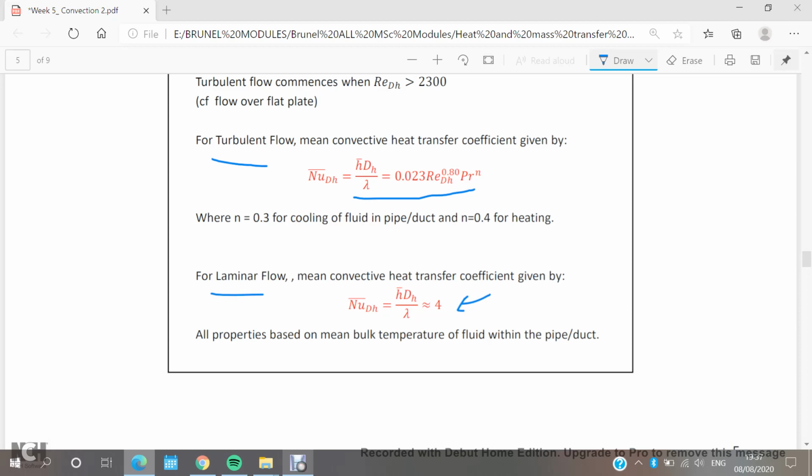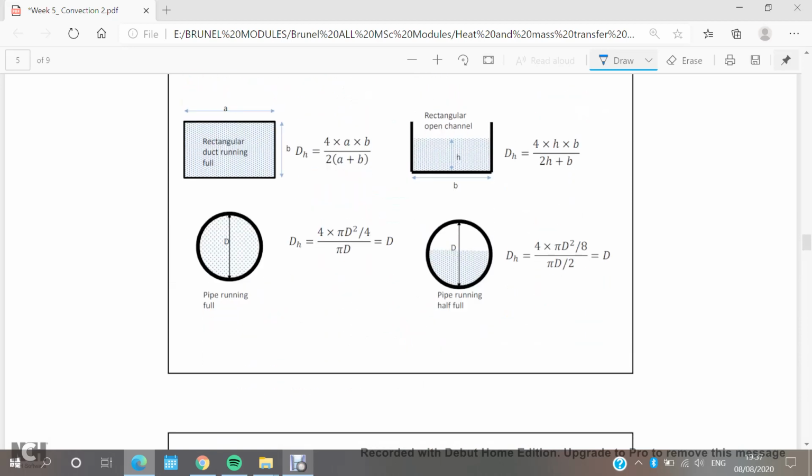I know the Reynolds number, so I can calculate the heat transfer coefficient. But remember that the Reynolds number in this case will be calculated with respect to the hydraulic diameter. So now I want to understand how to calculate the hydraulic diameter.